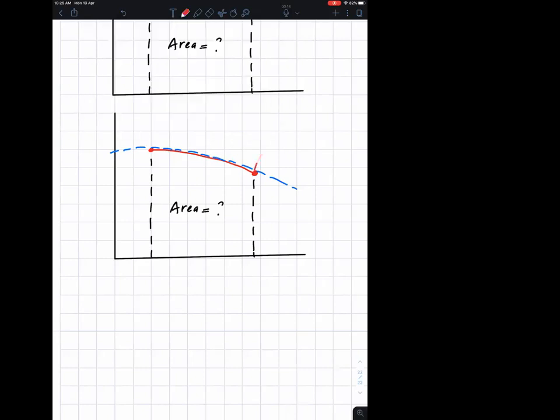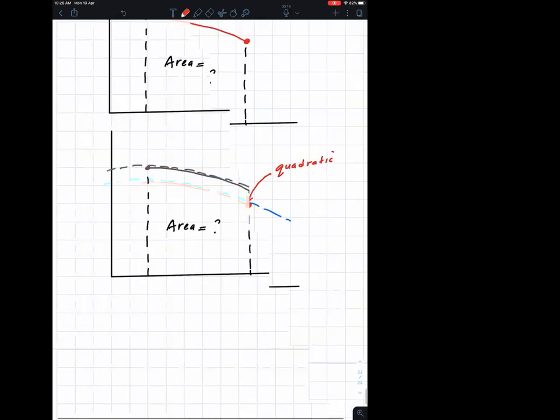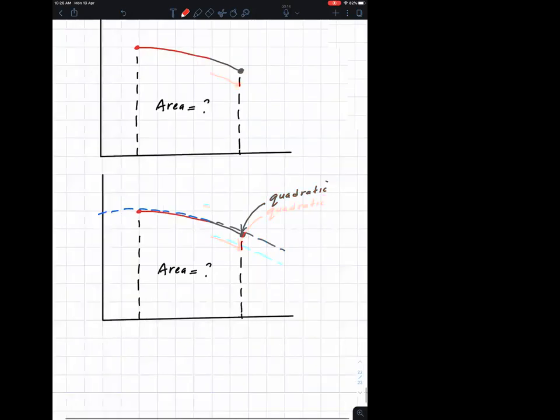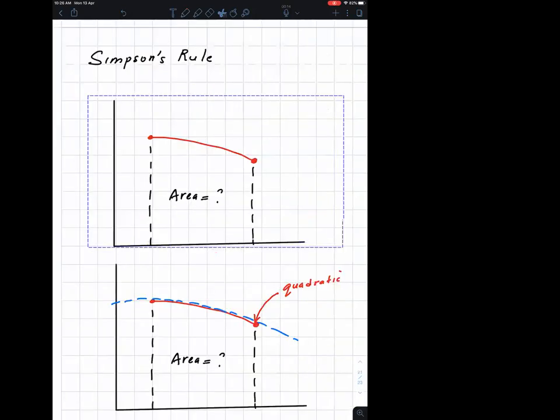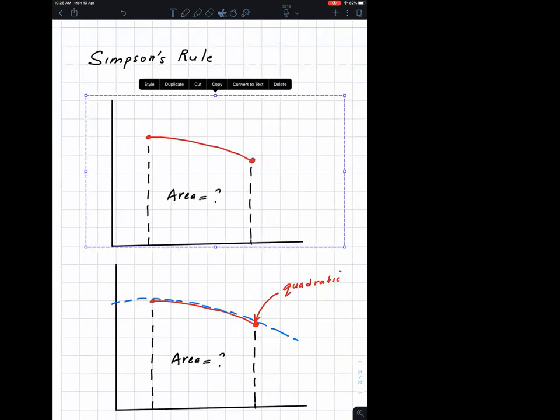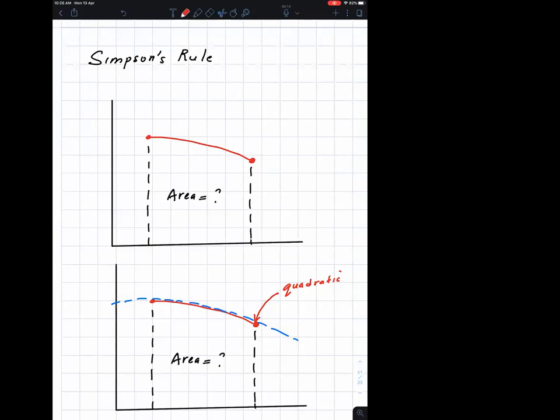This red line here, quadratic fit. Okay, maybe I will throw away the previous one, that might be confusing you. Just assume for now this is just a quadratic fit.